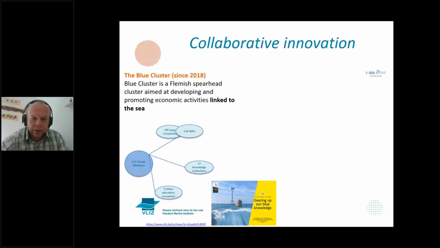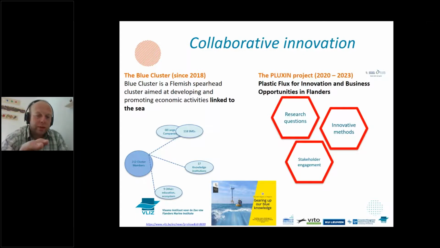And it is based on this roadmap and based on that thematic theme that the companies that are inside the cluster, they really said, look, we need some basic knowledge about where the plastic is, how we can detect the plastic. And it is the companies themselves that asked the knowledge institutes, hey, look guys, could you try to perform or to give us this information?